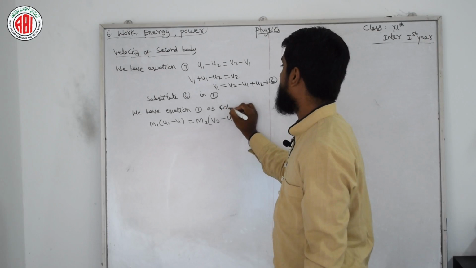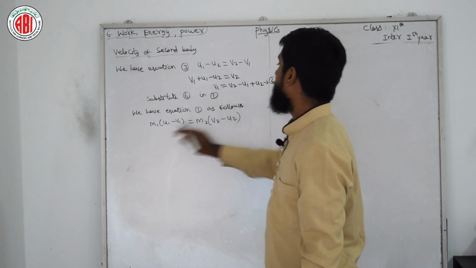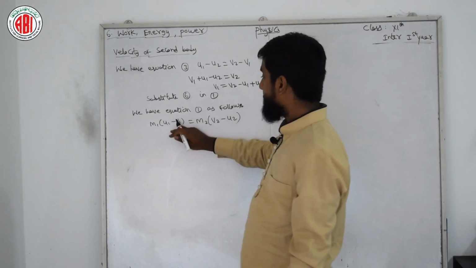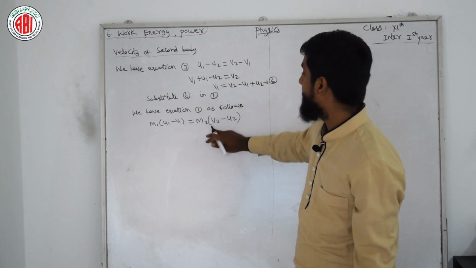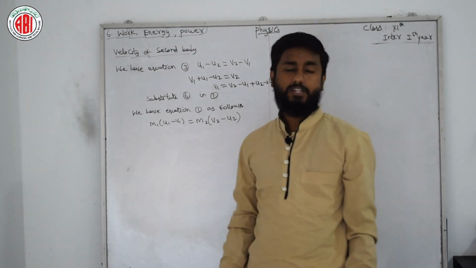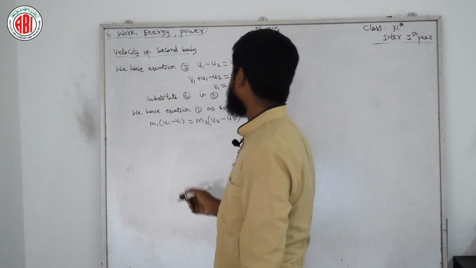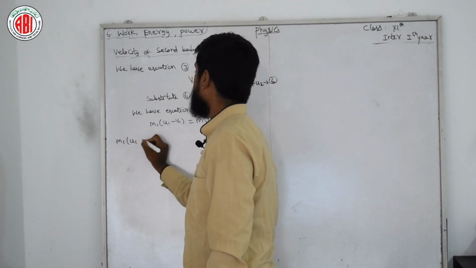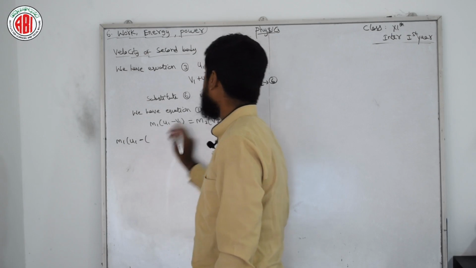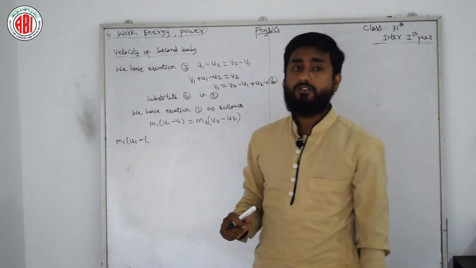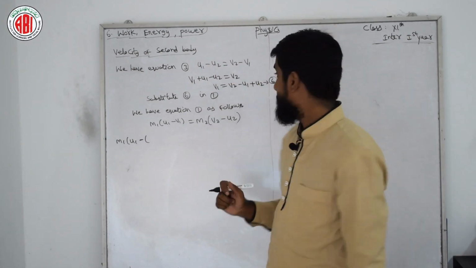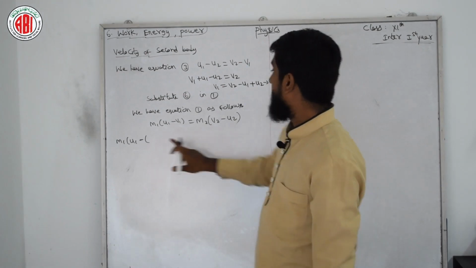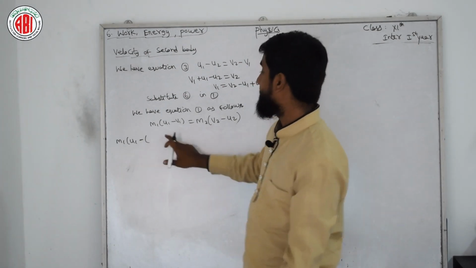Okay, what is equation 1? m1 into u1 minus v1 is equals to m2 into v2 minus u2. So same procedure we are following, m1 is as it is here, u1 also as it is, minus, and in place of v1 what I am going to write, make sure that you multiply the complete term with minus.